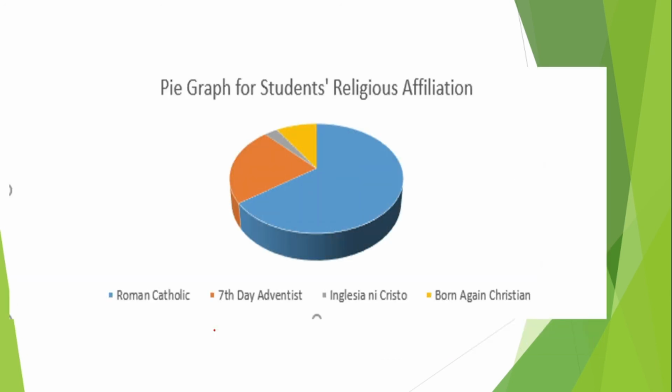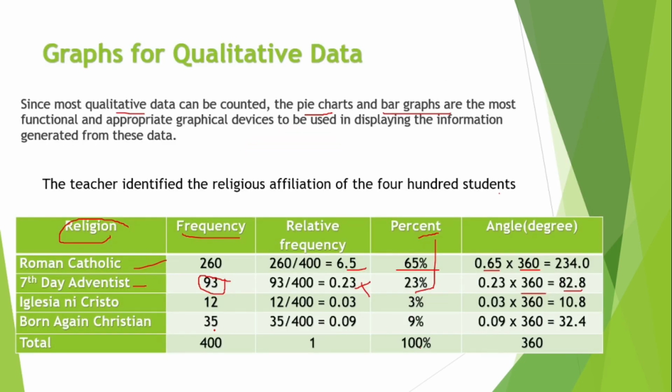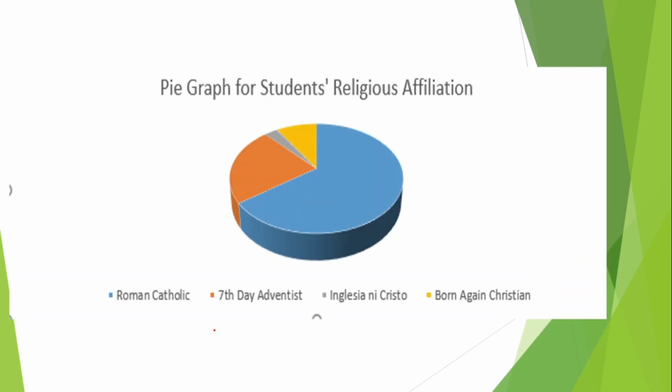So let us use the pie graph for students' religious affiliation. Roman Catholic has 65%, shown here in blue. This is the Roman Catholic. For the Seventh Day Adventist, we have the orange.